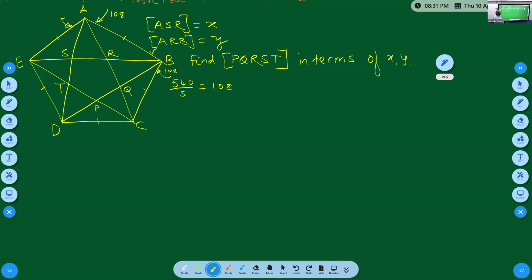Then this is isosceles triangle. Triangle ABC is isosceles. Therefore, we can find out these base angles. Because vertex angle is 108, the remaining 72 should be distributed equally. Therefore, this is 36, this is 36, and similar looking, all are 36.